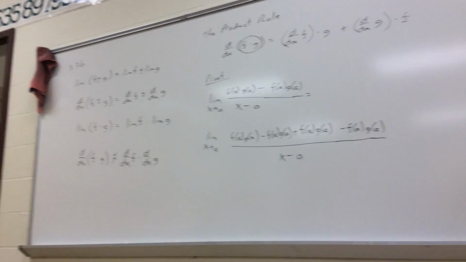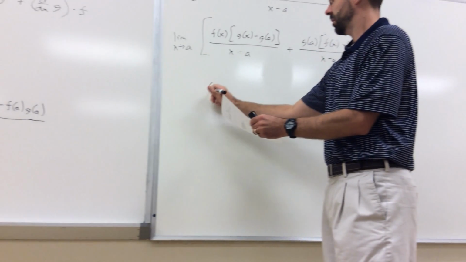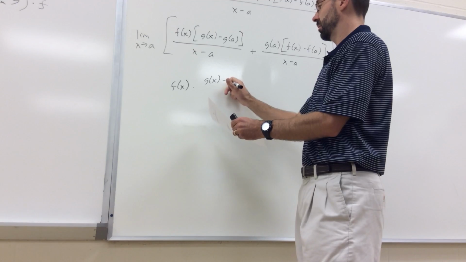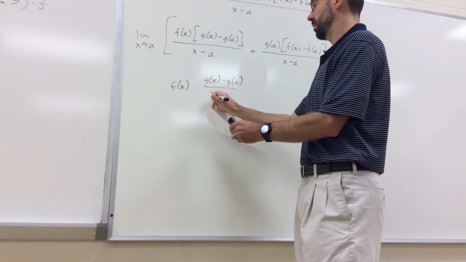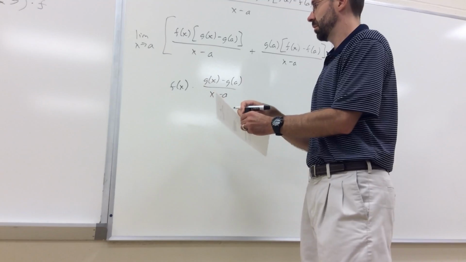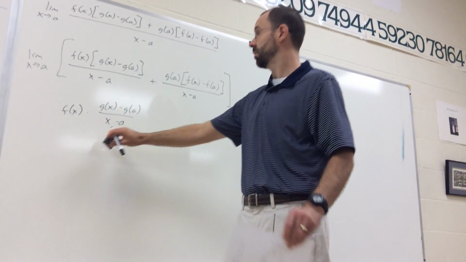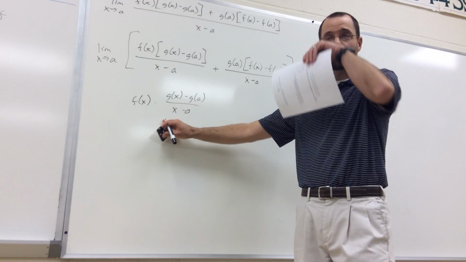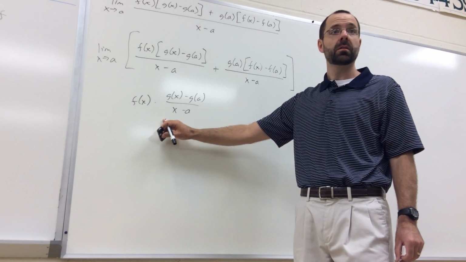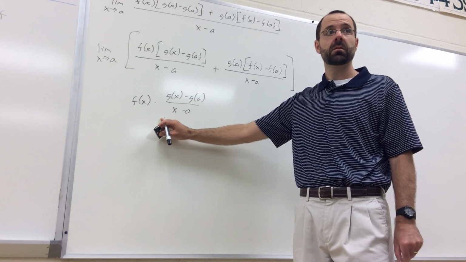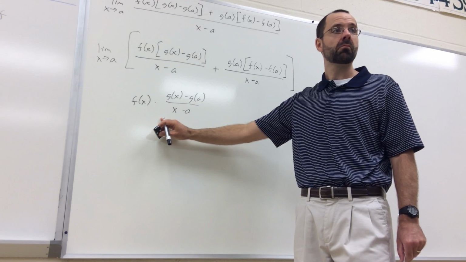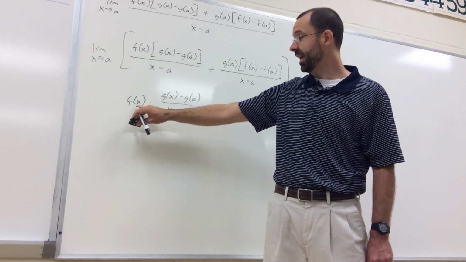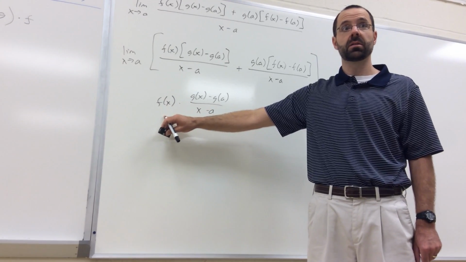Now I'm going to take this f of x and multiply it by this fraction. All that's going on here is, this is like f of x over 1, right?